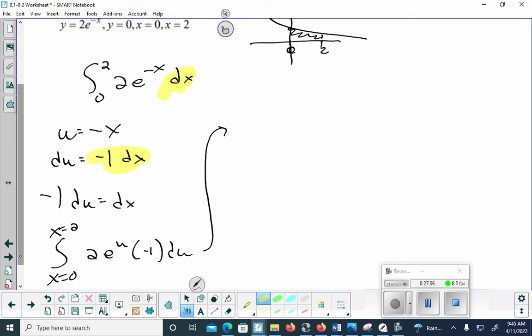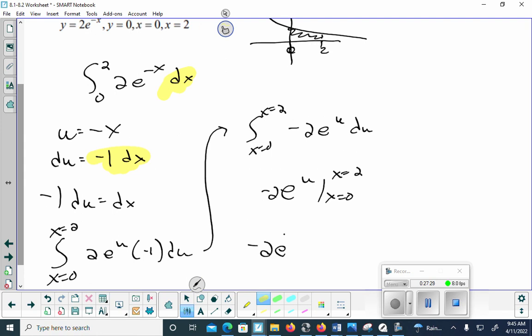Still x equal 0 to 2 of negative 2 e to the u du. So the integral of e to the u is just going to be e to the u. So there's the integration from 0 to 2. Substituting back in, negative 2e to the negative x.